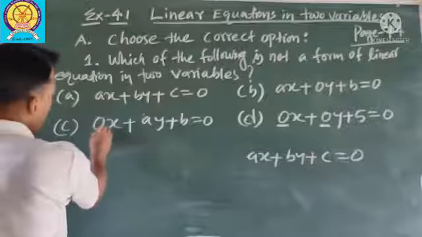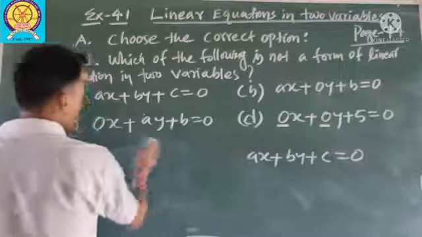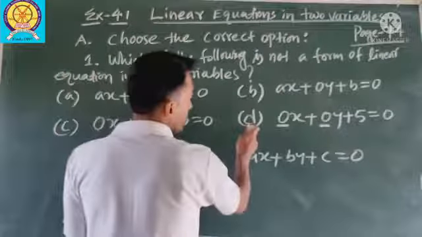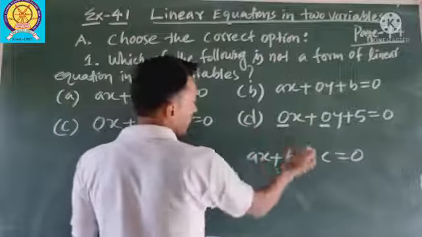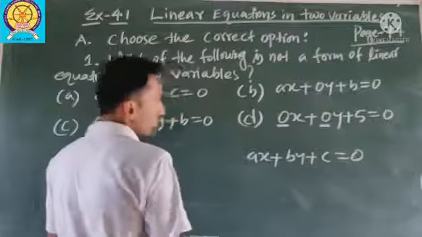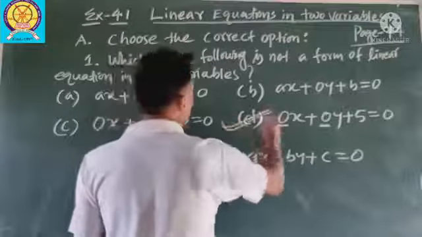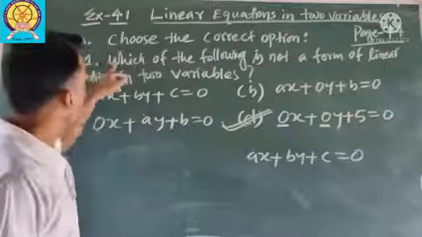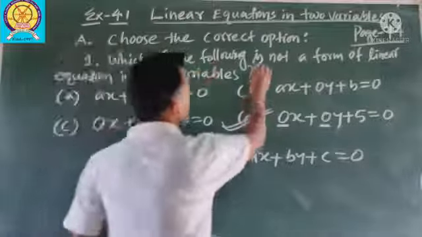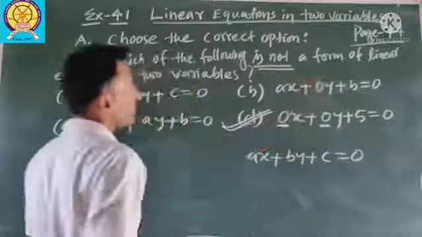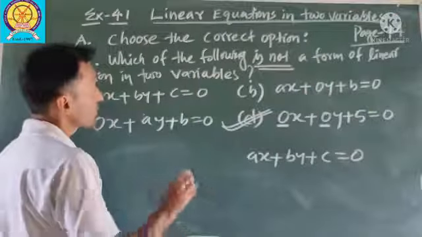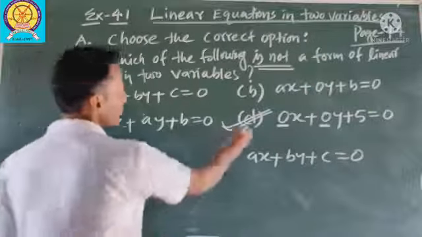Here only a value in this option, only value of a is 0. In option D, you see a is 0, b also 0. So this is your correct option. Here it is asking which of the following is not a form of linear equation, which is not in the form of linear equation? The correct option is D.